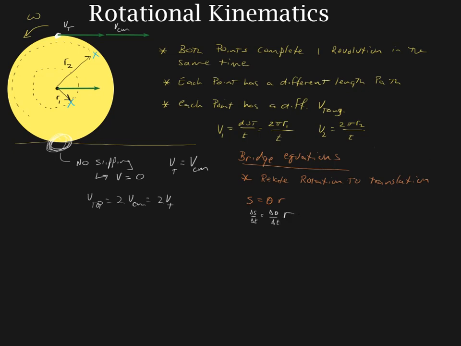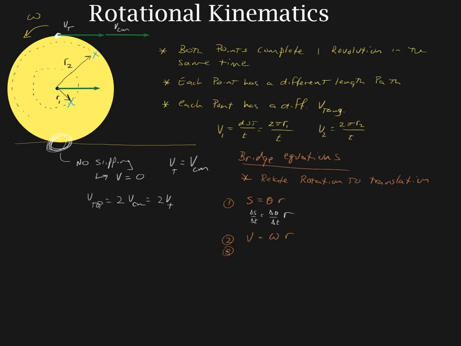Now, you should know what delta S over delta t is. That's just going to be velocity. And delta theta over delta t, that's going to be omega. Okay, so it's angular velocity. So our first bridge equation is S equals theta r. The second one is v equals omega r.